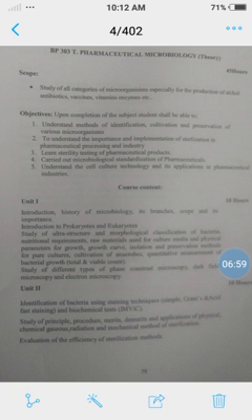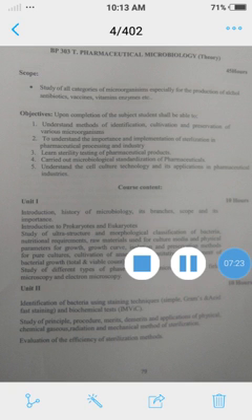Then to understand cell culture technology and its application in pharmaceutical industry. These are the few objectives of studying pharmaceutical microbiology.